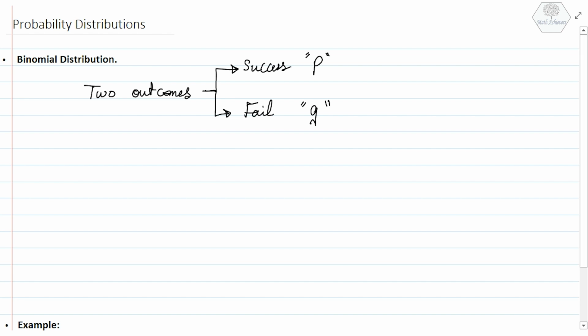Now, if I'm picking up white balls or black balls, I need to know how many balls I am picking up. So, the next thing I have to know is the number of trials. The number of trials, I refer to it by the letter N. After that, let's say I'm picking 8 balls.